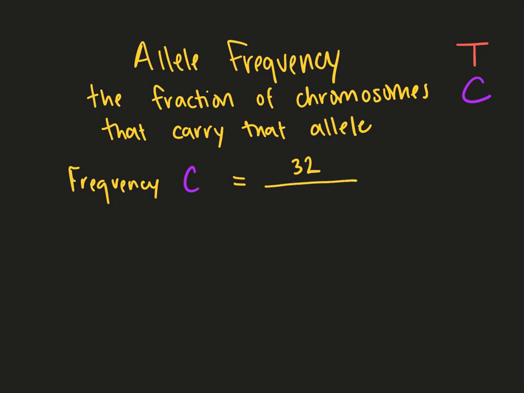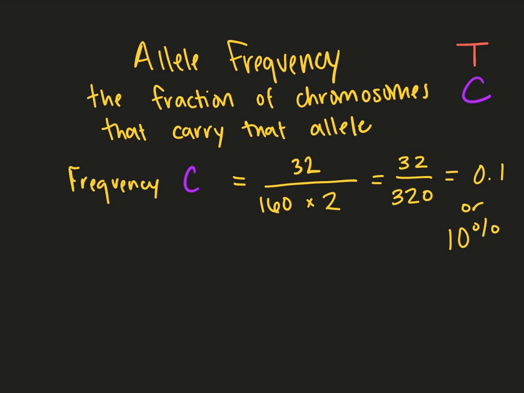But those 160 individuals are diploid, so they're actually 320, or 160 times 2, chromosomes, if I'm thinking about the fraction of chromosomes that have the C allele. So in other words, I saw it 32 times out of 320 chromosomes, which is an allele frequency of 0.1 or 10% for the C allele. And now, for good measure, I can calculate the frequency of the T allele too.